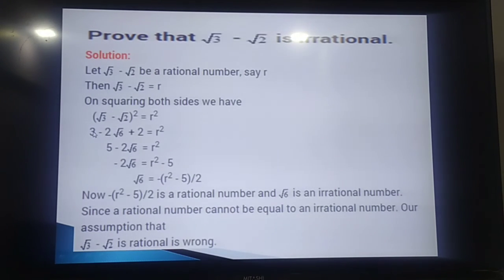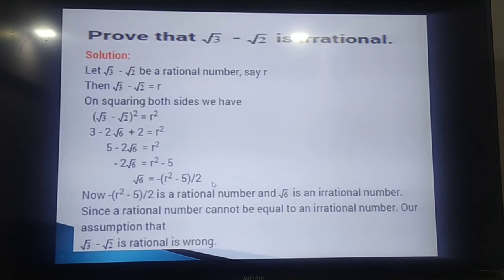If you do squaring, applying the a minus b whole square identity, it becomes 5 minus 2 root 6, which is equal to r square. If we transpose this 5, it becomes minus 2 into root 6 equal to r square minus 5, and so root 6 becomes r square minus 5 divided by 2, with a minus sign.